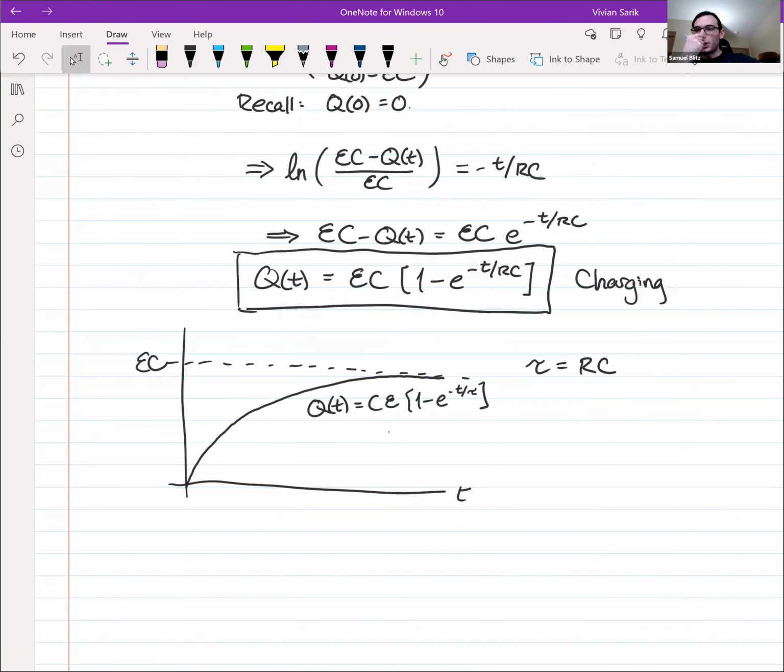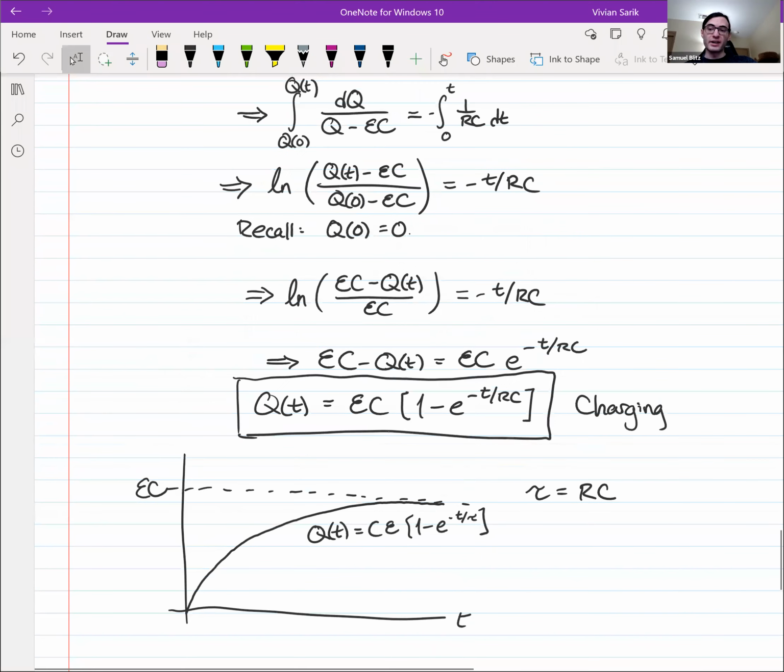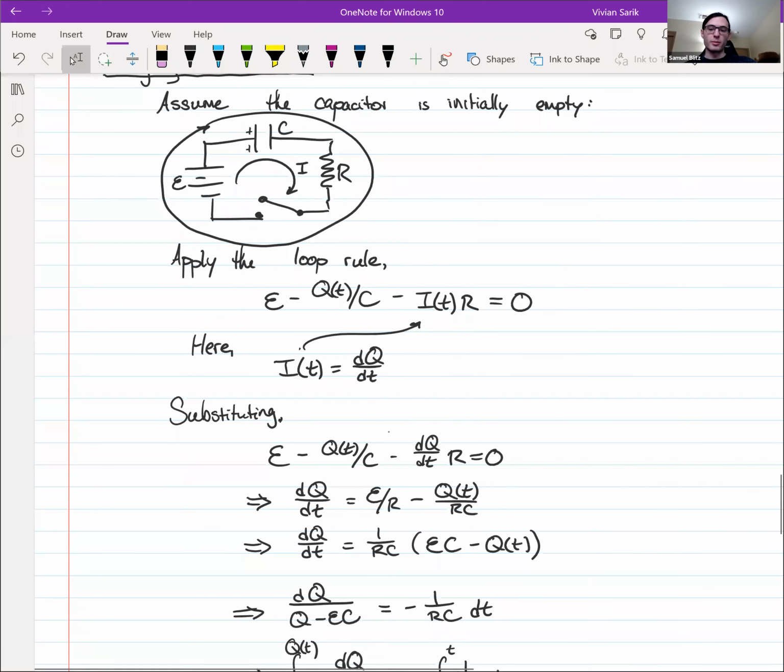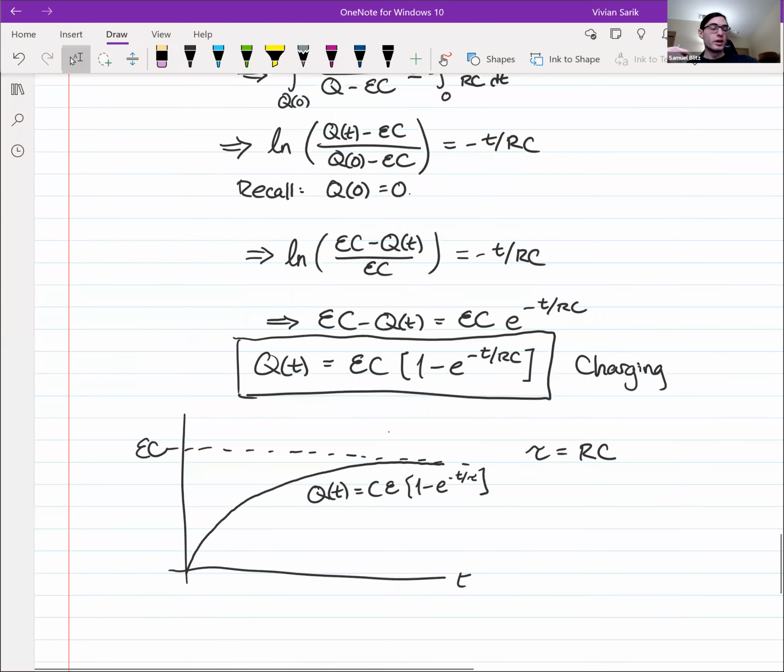So if you wanted to find the current, we have a relationship with the current exactly as we saw before, right up here. The current is just the time derivative of Q. And so you'll find that the current is the exact same in both cases. And that's just because the derivative of the constant goes away.